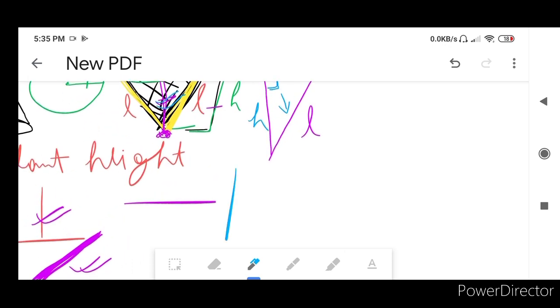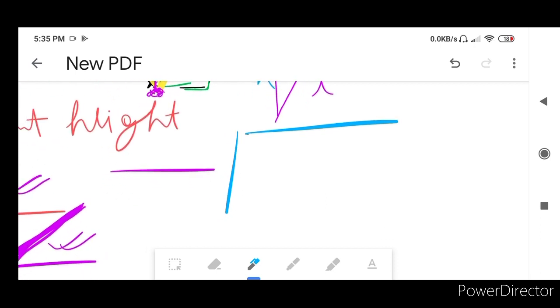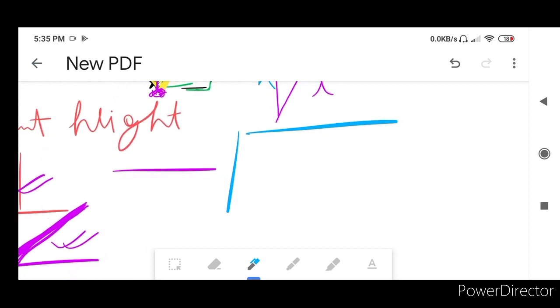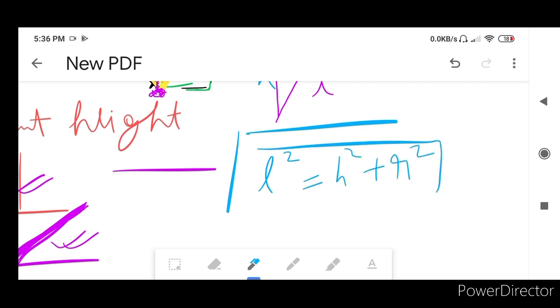So the formula is L square equals H square plus R square. This is how we find the slant height of a cone. Clear?